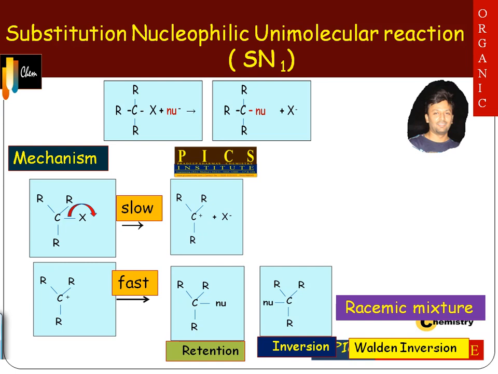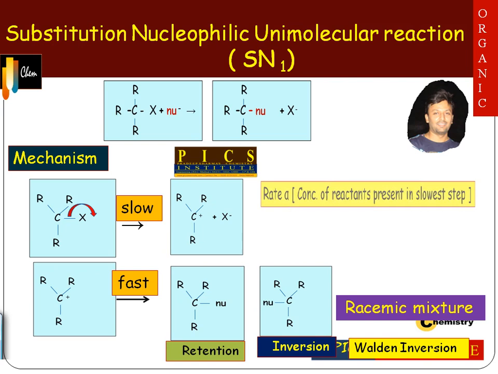Also understand, the first step is the slowest step and the second step is a fast step. So according to the rate law, the rate of reaction is directly proportional to the concentration of reactants present in the slowest step.